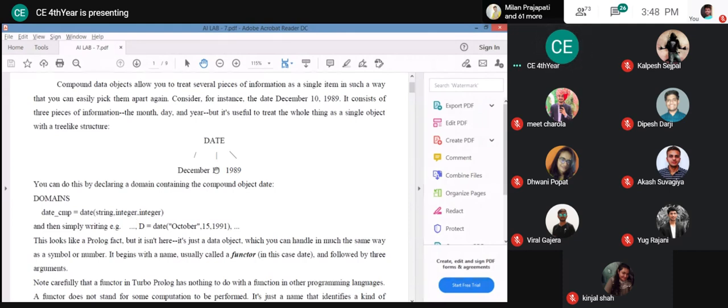The month is a string, the day is an integer, and the year is an integer. It begins with a name, usually called a functor, in this case date, and it is followed by three arguments.